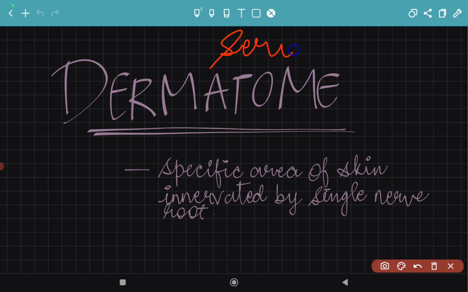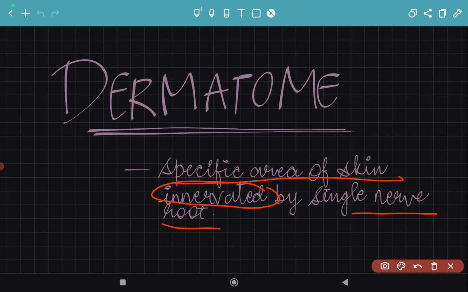In Series 3, we will start learning about dermatomes. In previous series, we heard about the terms dermatome and myotome. Now let's start to learn about it. Starting with dermatome: a dermatome is a specific area of skin which is innervated by a single nerve root.